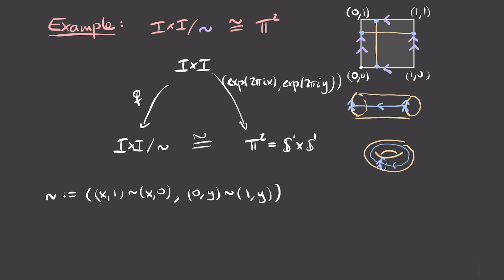Now, maybe here is a point where we can contrast this type of argument with the from scratch argument, because if we did this from scratch, we could just define this map as we did before. We could argue that it descends to a map down here, going from this quotient to the torus. And in order to do this, we'd have to again check that this map here respects these identifications made in this equivalence relation.